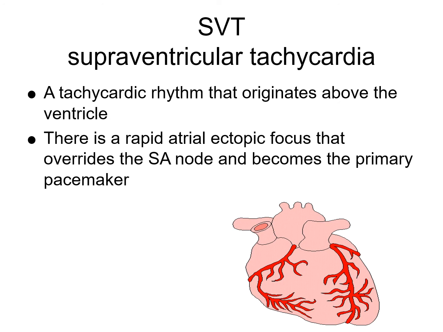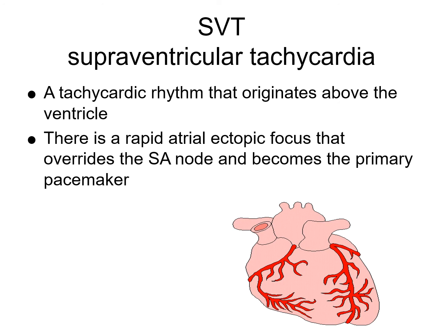Sometimes you'll hear it referred to as paroxysmal, which means it has a sudden onset, but at the same time it can disappear suddenly. So it either speeds up or slows down suddenly.